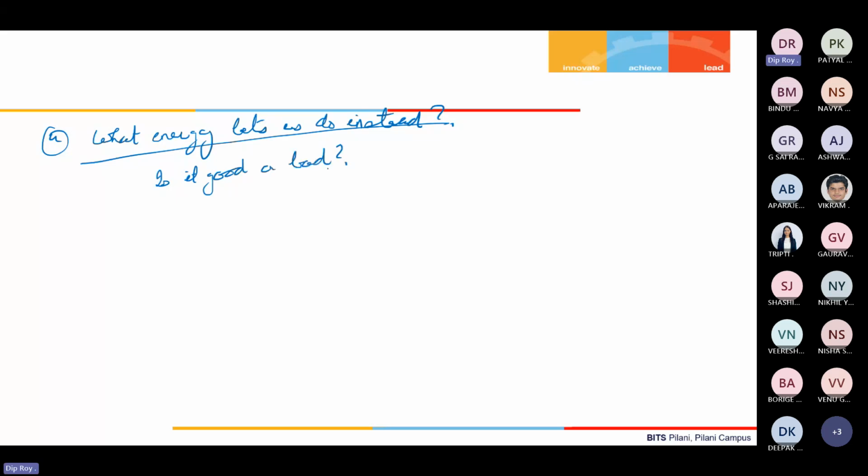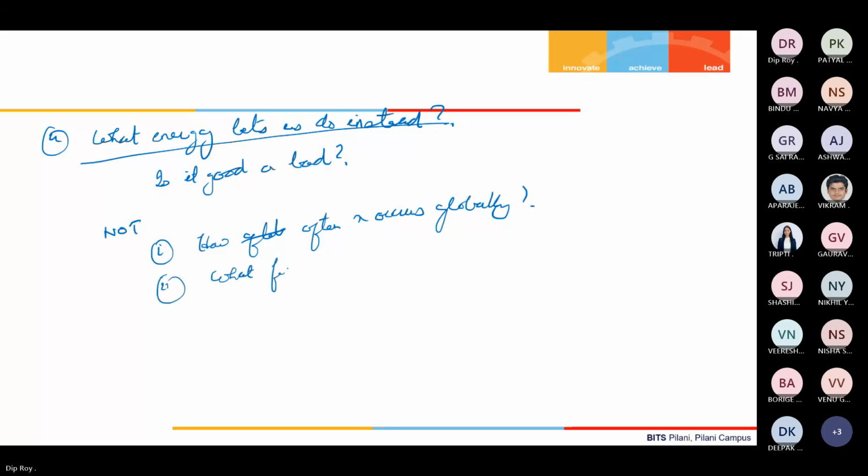It's a comparative analysis, and not how often x occurs globally, or what fraction of the total mass it gets.